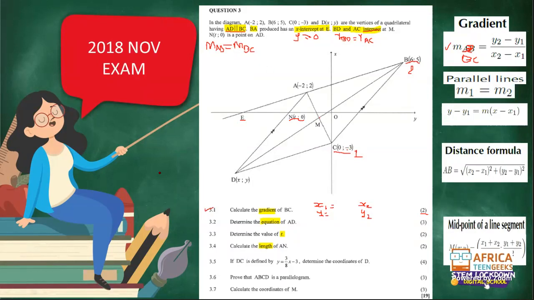And then for 3.2, they're saying determine the equation of AD. Where's AD? This is AD. So how are you going to get the equation? How would you determine the equation? We are looking for the equation of AD.